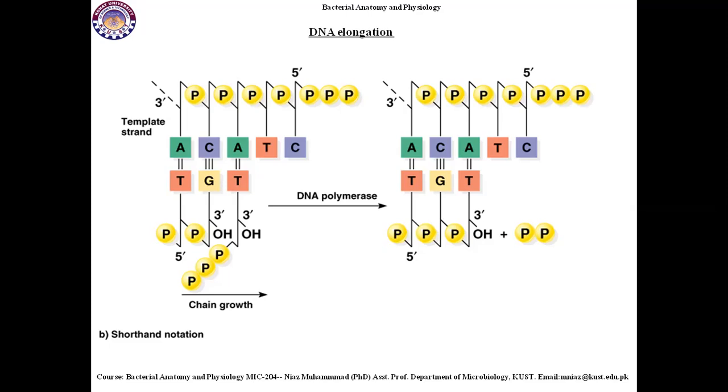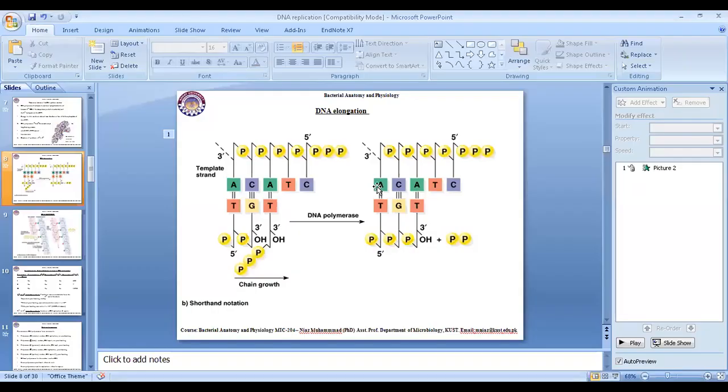It is growing from 5' to 3'. The 3' end is empty, where the 5' end of the coming nucleotide will bind with the antiparallel nucleotide, and the chain will grow. For this you can go through the book, discuss with colleagues, and ask me to understand this thing.